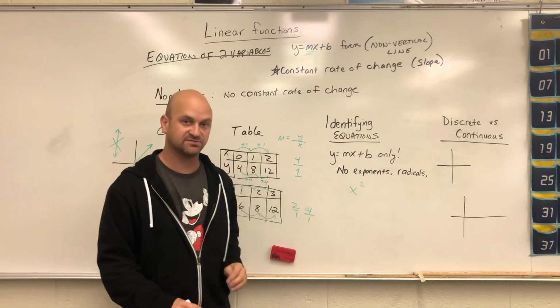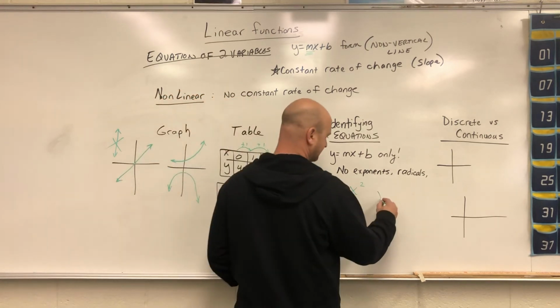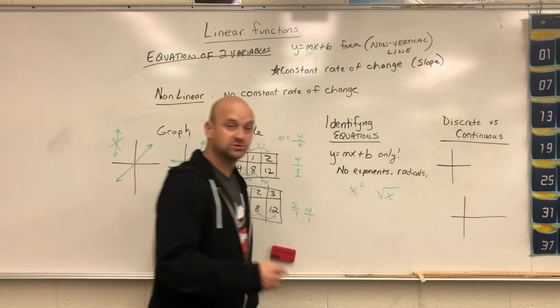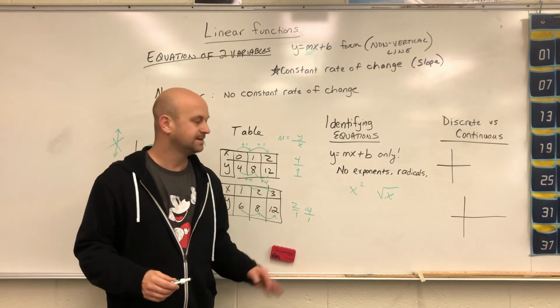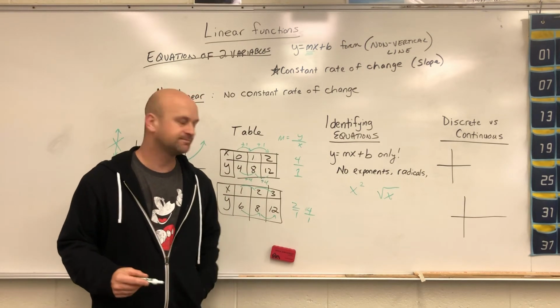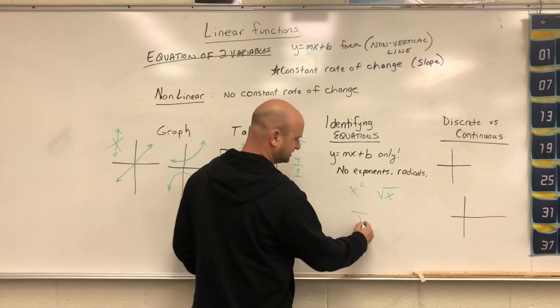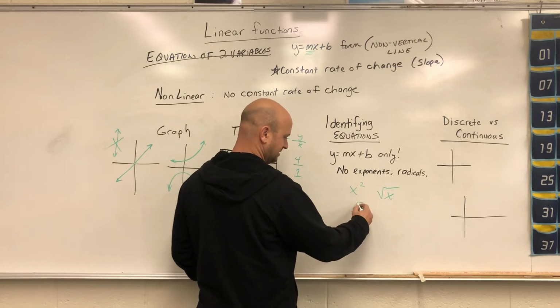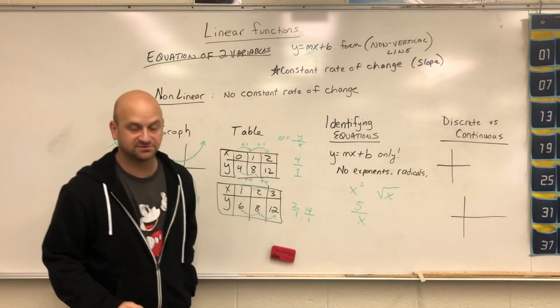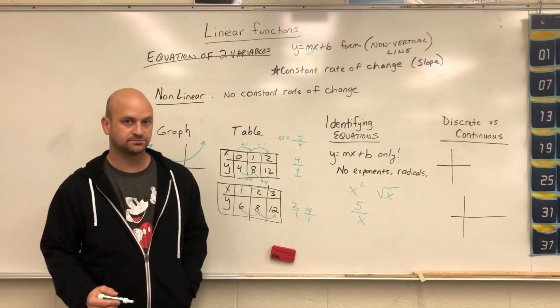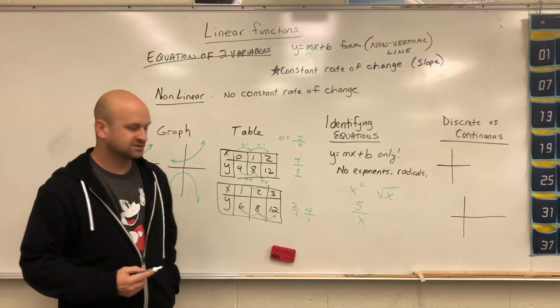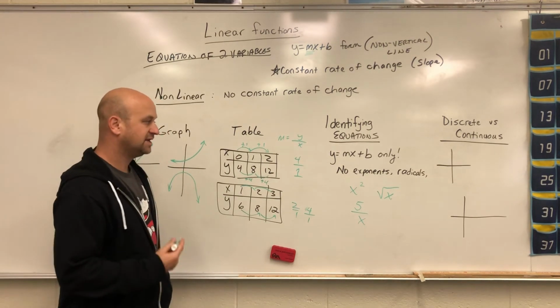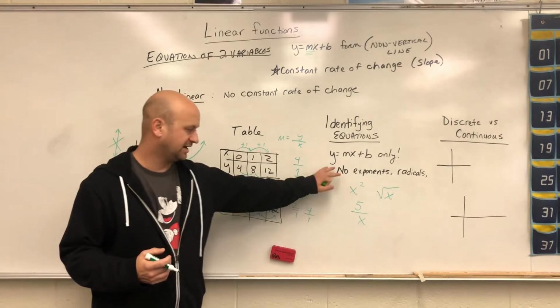That's a different type of function. If you see something with a square root or a cube root or anything like that, that's probably not linear as well. If you see something where x is on the bottom and some numbers on top, this is not a linear function either. Those are a couple examples of non-linear functions.